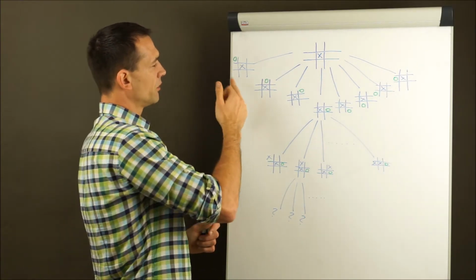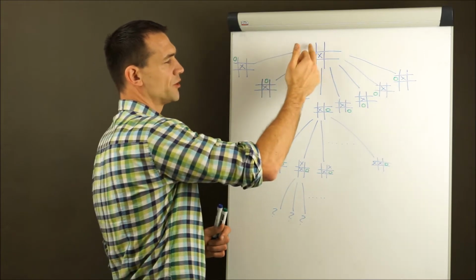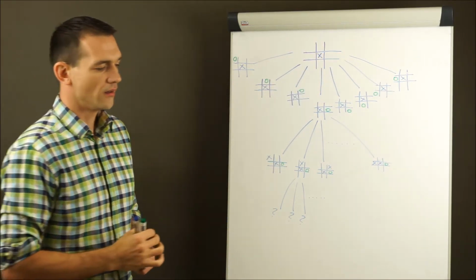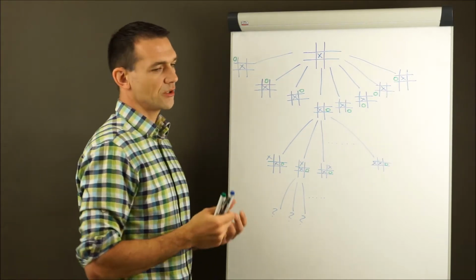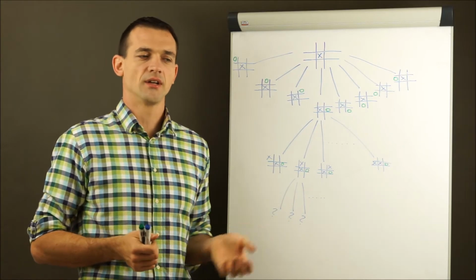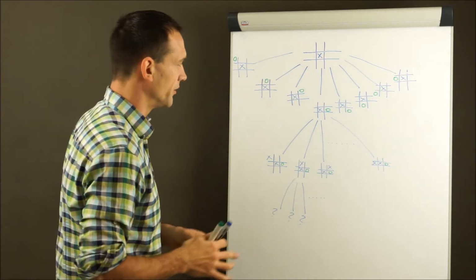As a machine, we will try to evaluate each possible field, and we will choose the one with the highest evaluation, the highest number, based on some algorithm.